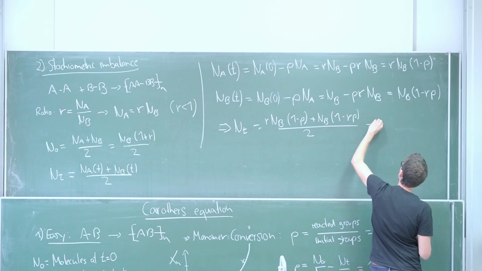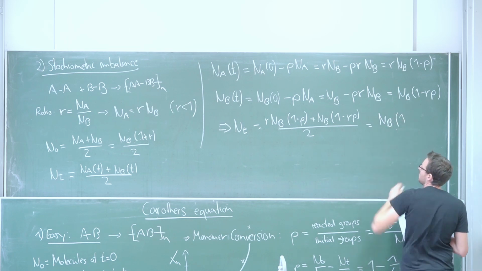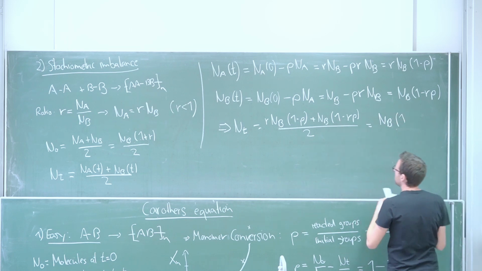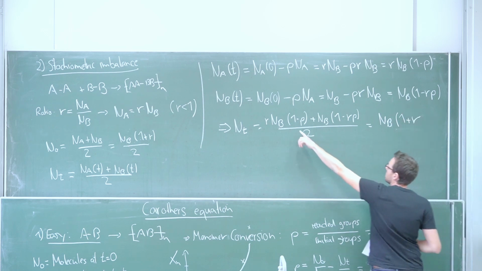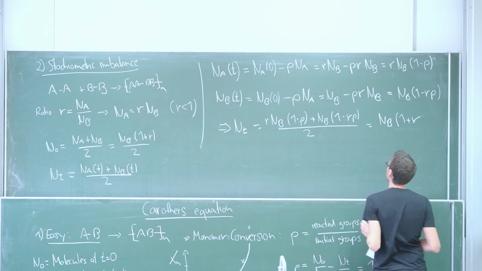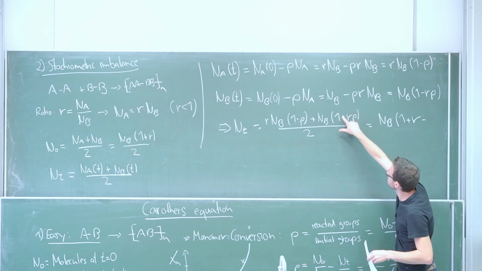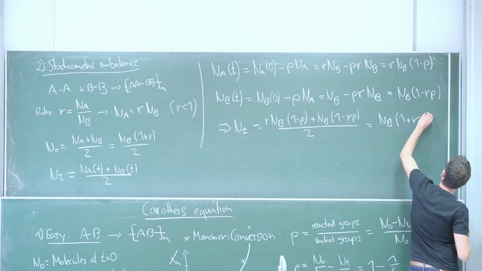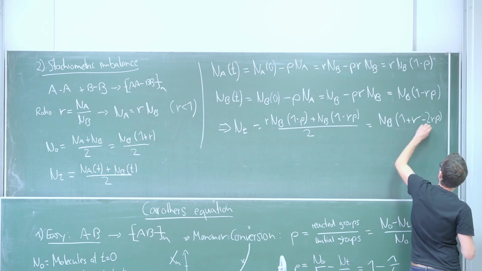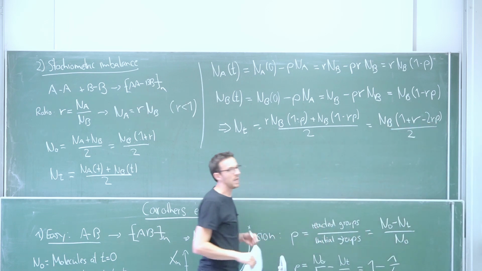So this will be Nb times 1, this is this one here, plus R, this is this one here, and then minus 2 times R P, from this expression and from this expression here. And again divided by 2. And now we are done.